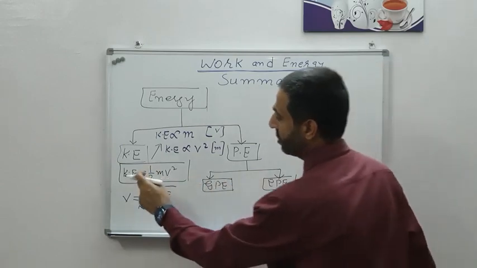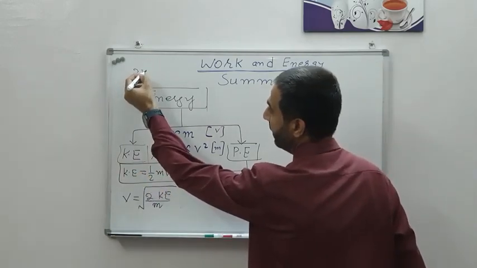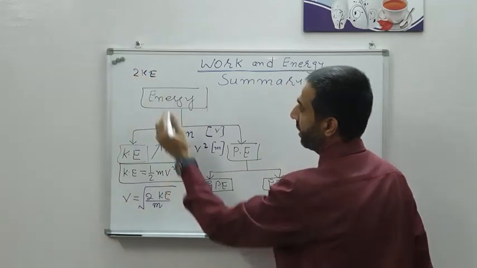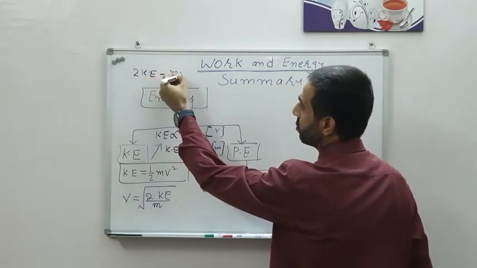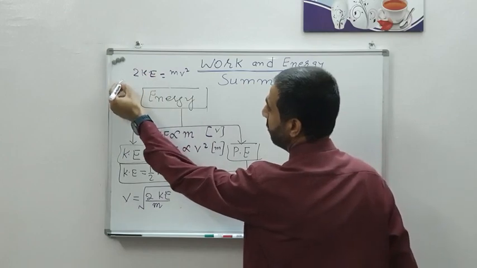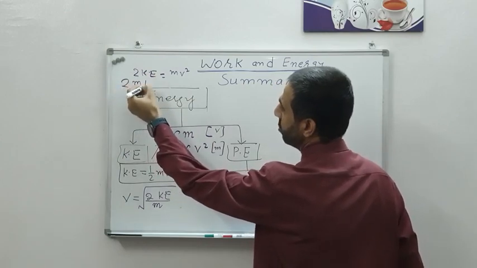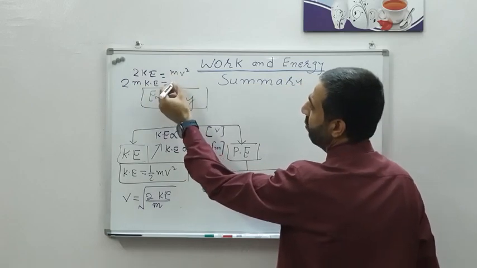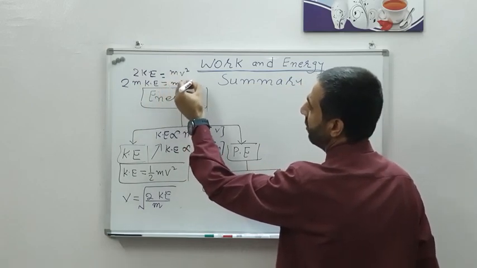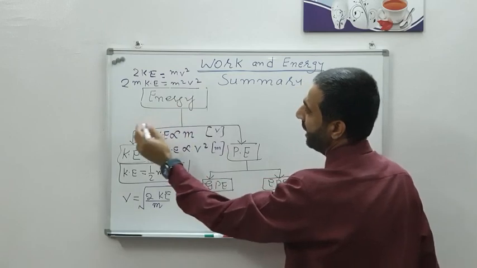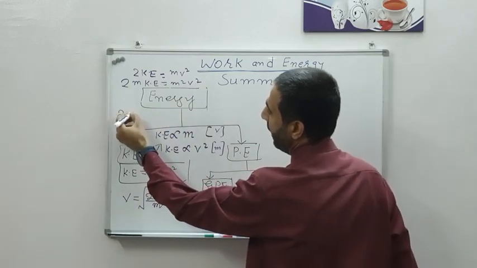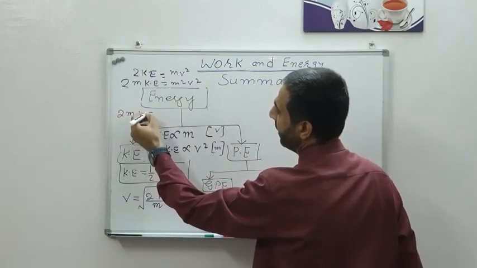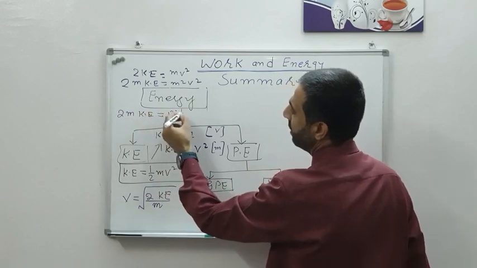How? For example, look, twice the kinetic energy will be mv square. If you multiply both sides by mass, 2 times kinetic energy times mass will be m square v square, and you already know mv is momentum, so it will be 2m times kinetic energy equals p square, right?